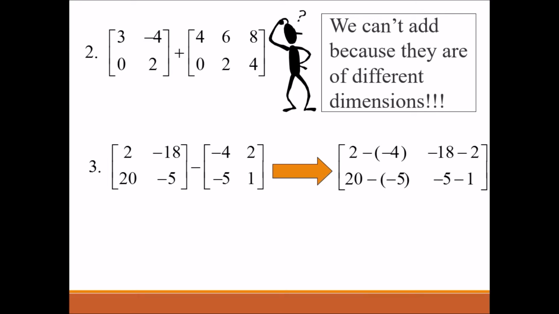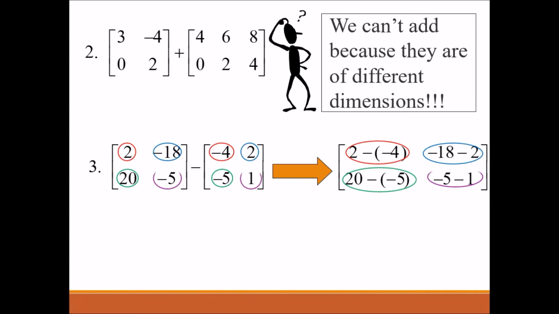Similarly, minus 18 will be subtracted by 2. In the same way, 20 should also be subtracted by minus 5, and minus 5 should be subtracted by minus 1. These 4 subtractions will give us a resultant matrix.